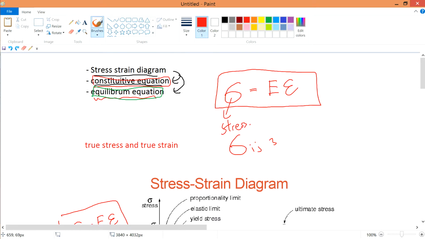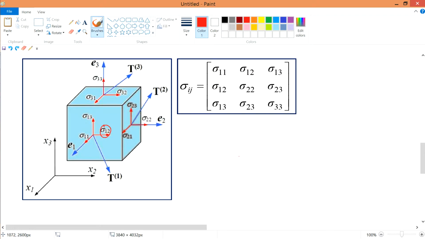What is this in the stress system, and how do we do this? In an equilibrium system, we group them by planes, meaning at this particular plane, it should be in equilibrium.